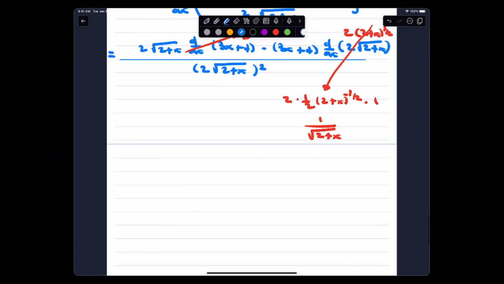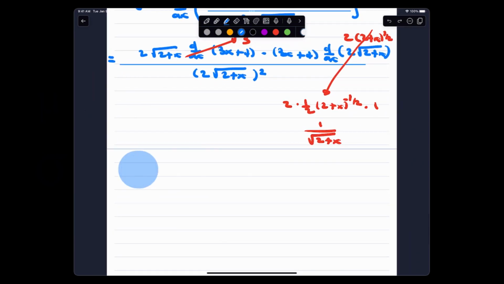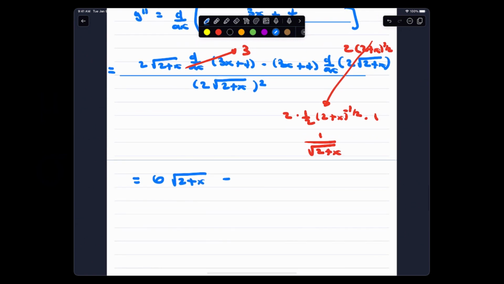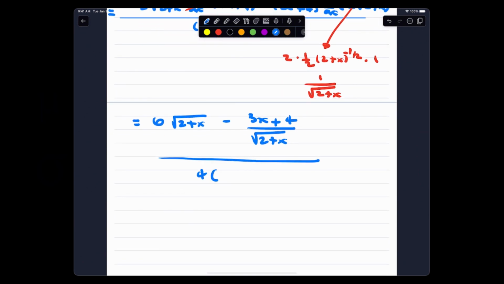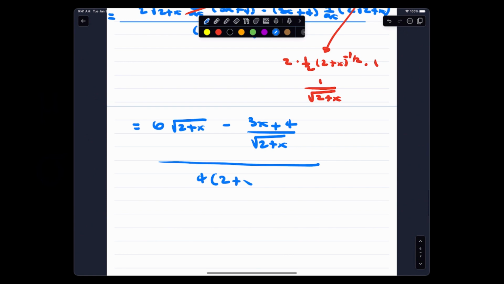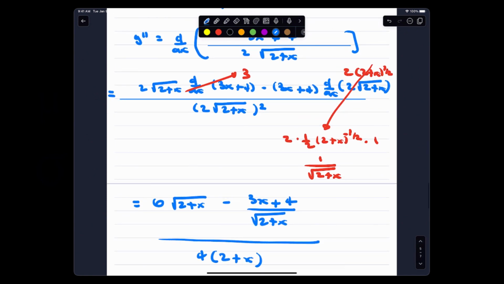Alrighty. So it looks like I might have 6 square root of 2 plus x minus 3x plus 4 over square root of 2 plus x, all over 4 times 2 plus x. Let me double check here.